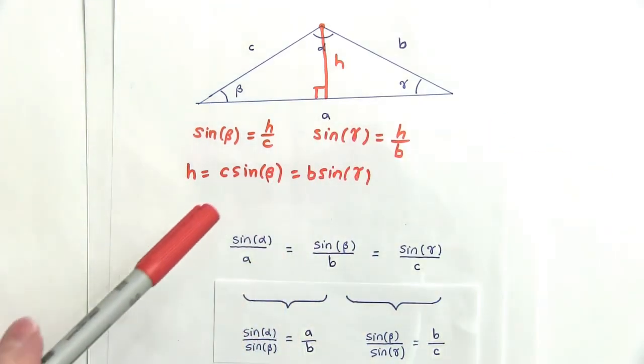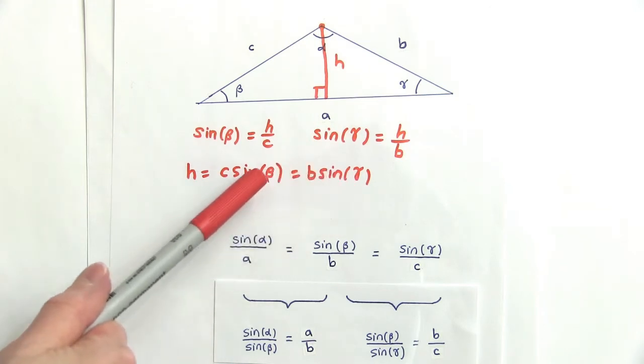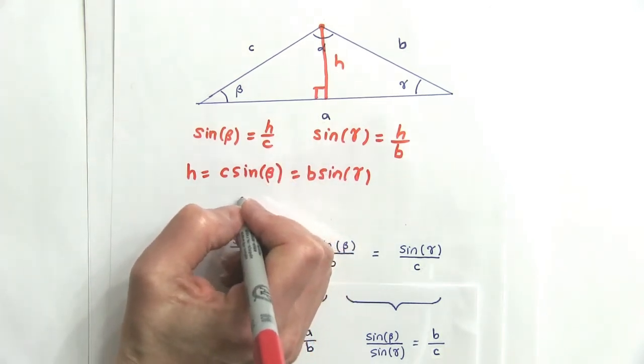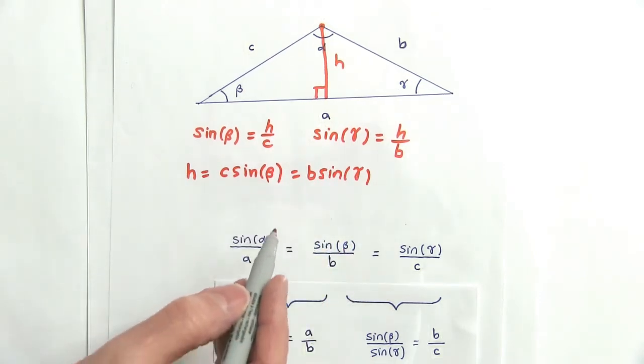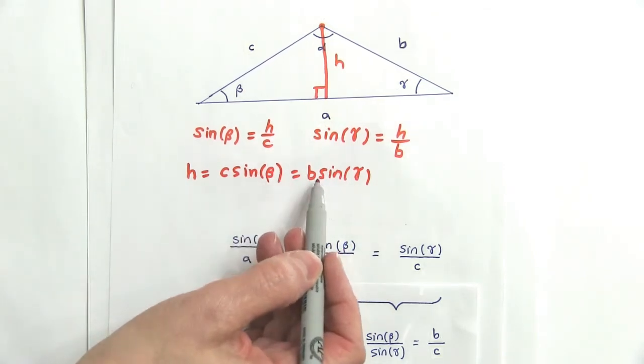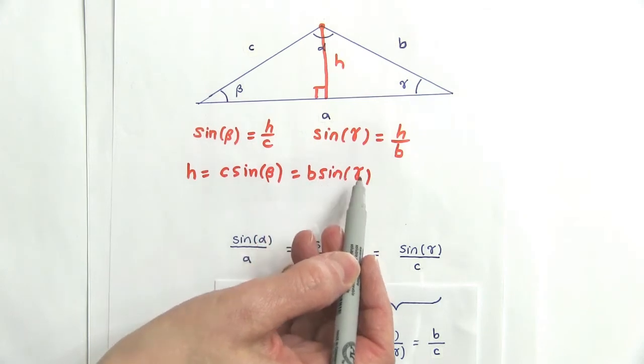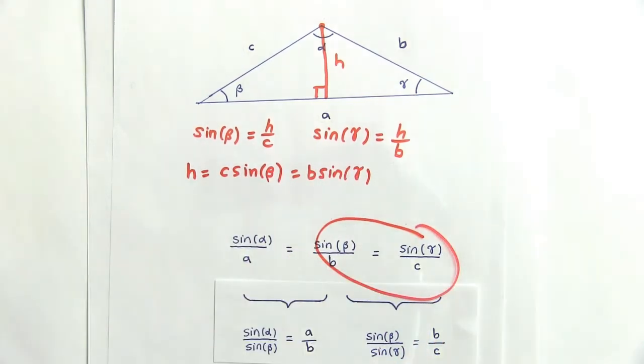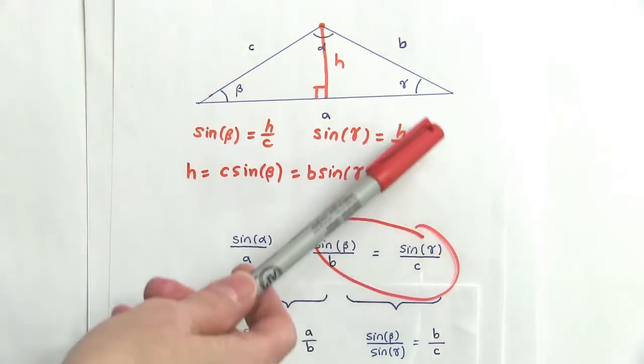And now we can divide both sides of this equation by b and by c, and that gives us the sine of beta over b is equal to the sine of gamma over c. And this is true for any two angles, beta and gamma, in my triangle.